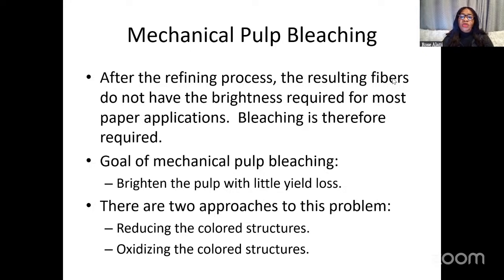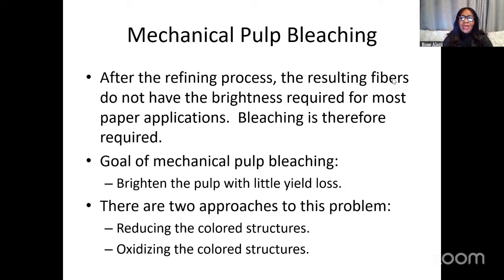So the bleaching therefore requires the following: the goal of mechanical pulp bleaching is to brighten the pulp with little yield loss. So that's the goal. Brighten the pulp with little yield loss.